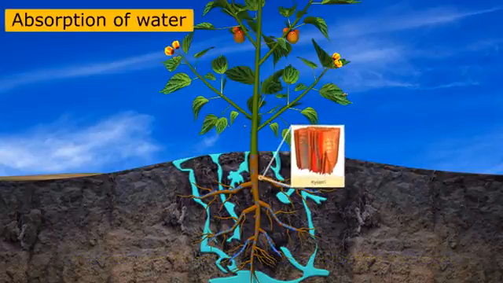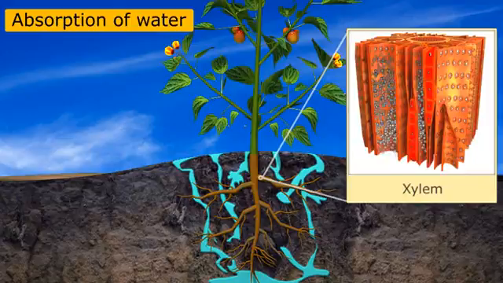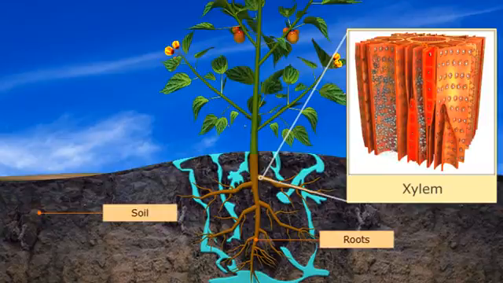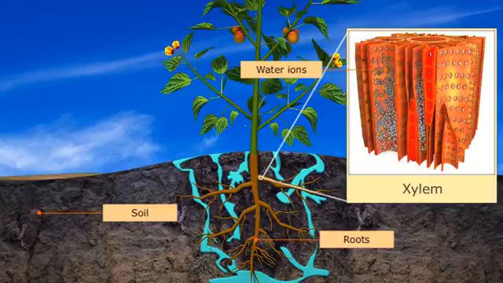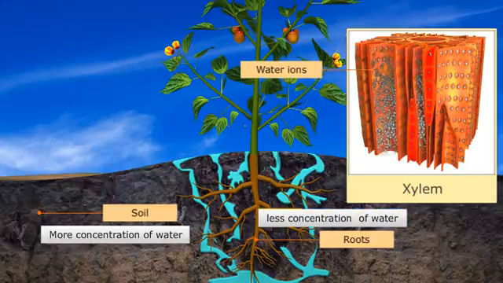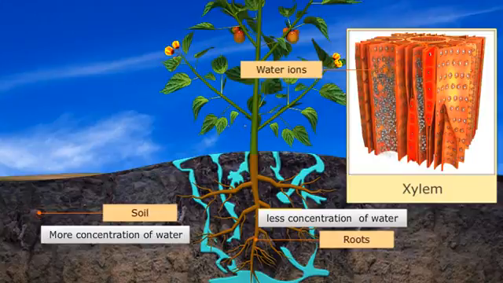Absorption of water. As the xylem vessels and cells of root are in contact with soil, it actively absorbs the water ions. When root is in contact with the soil, soil has more concentration of water and root has less concentration. Obviously, a difference in concentration of ions is present between the root and soil.